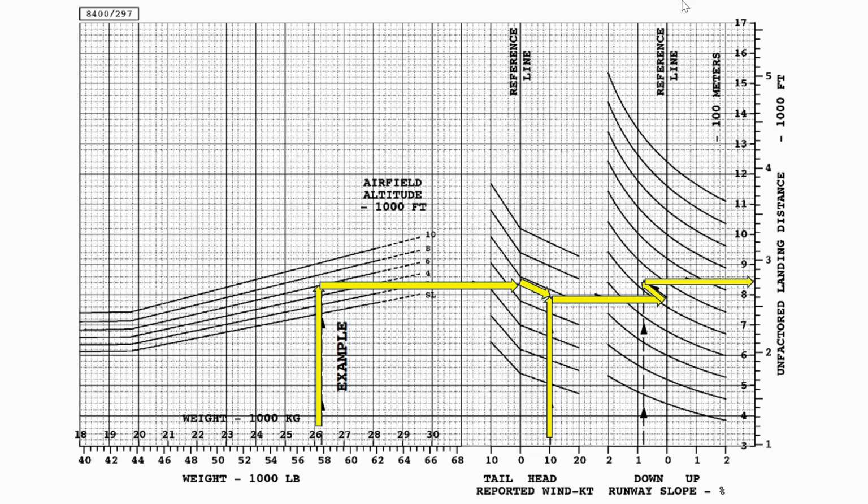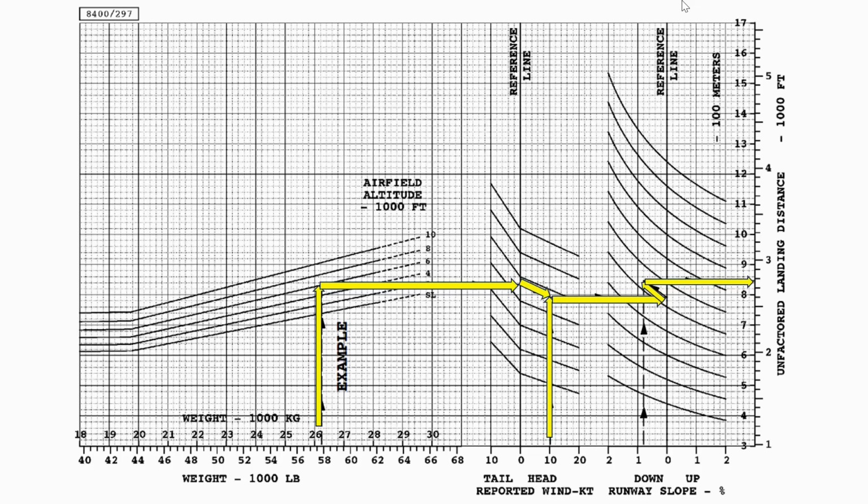In this case, it's about 2,800 meters. So that's how you determine your unfactored landing distance. With normal conditions, at this weight, this headwind, and this slope, you require a minimum distance of 2,800 meters to land.